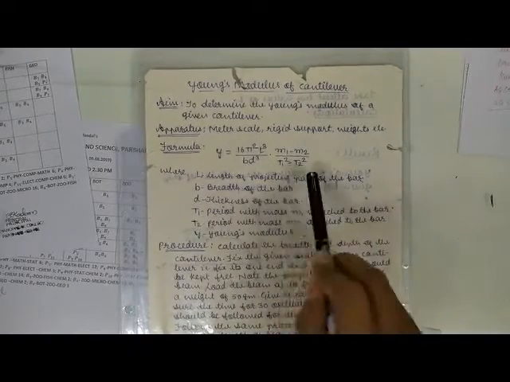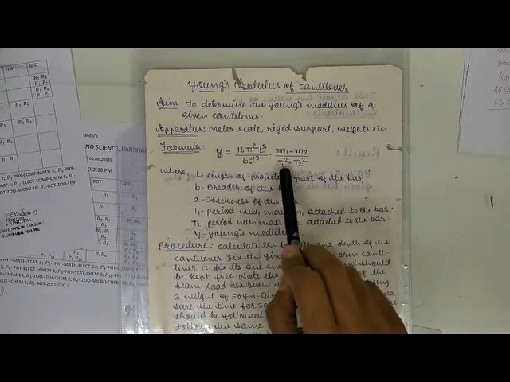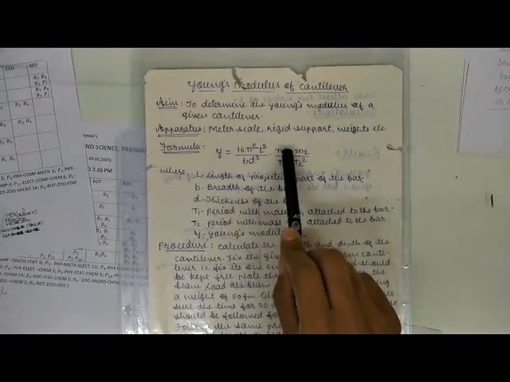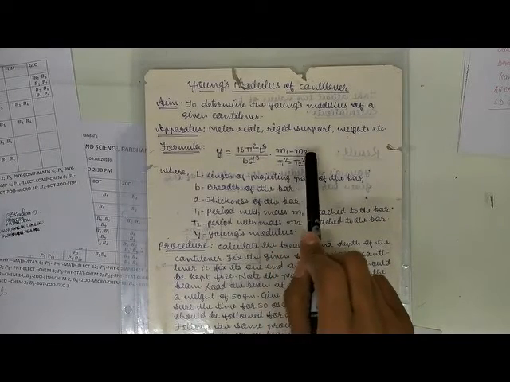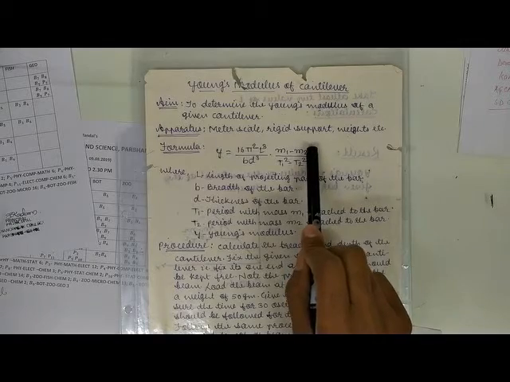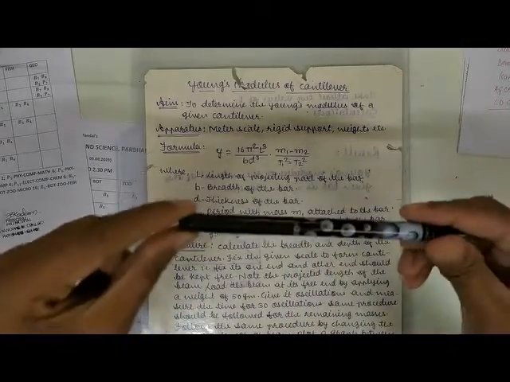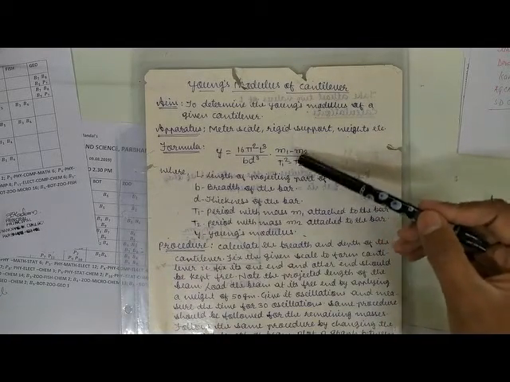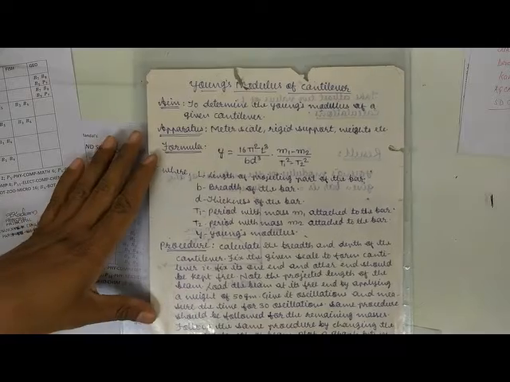For a while, we can consider that the time period when the mass M1 is attached is T1, and the time period when the other mass is attached and the bar is set to oscillate is T2. Those are the corresponding masses and corresponding time periods. And Y is the Young's modulus, that is what we have to find.